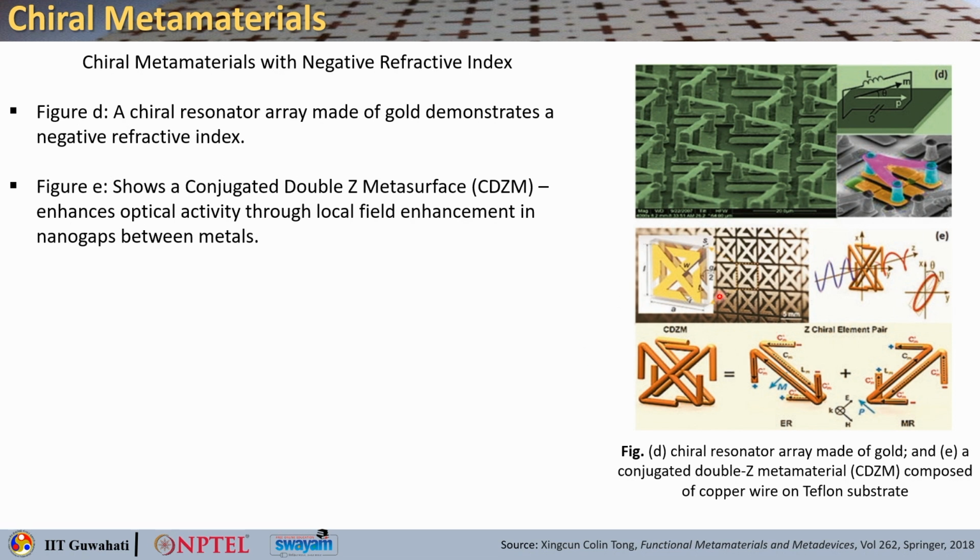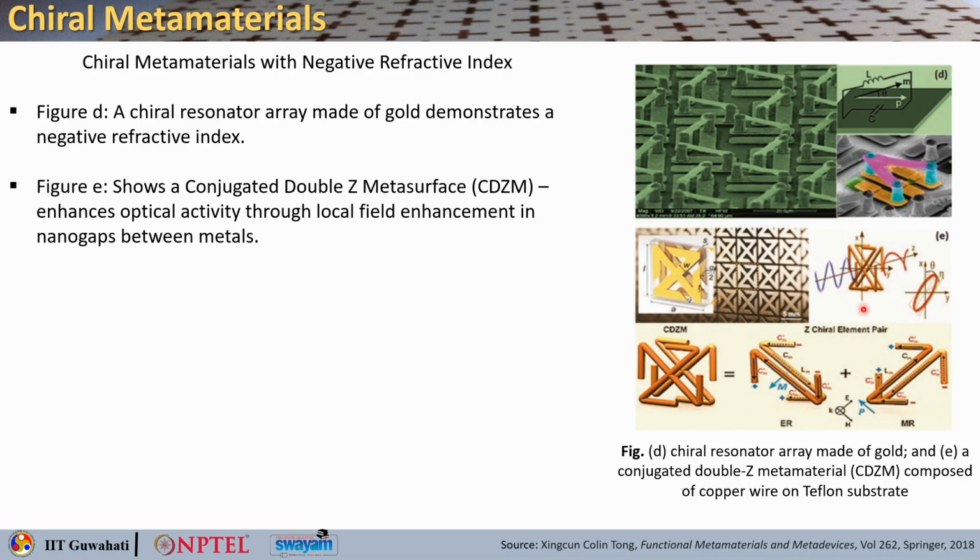Okay. Figure E shows a conjugated double Z kind of structure. Okay. So, that also enhances the optical activity through local field enhancement between the nano gaps present here, and these are all made of metal.